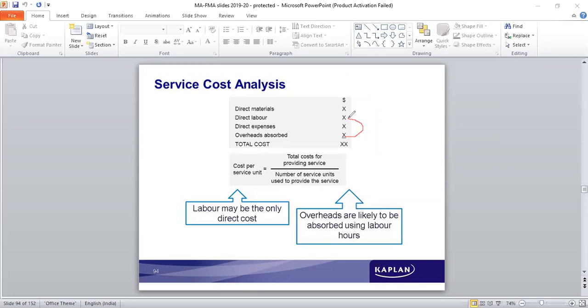But there is a possibility of something else also which can happen. That is, overheads are calculated based on prime cost or labor or some material cost. Anything else also can be taken. But the most commonly used method of charging overheads is based on direct labor. So, depending on the situation, we have different ways overheads are calculated.